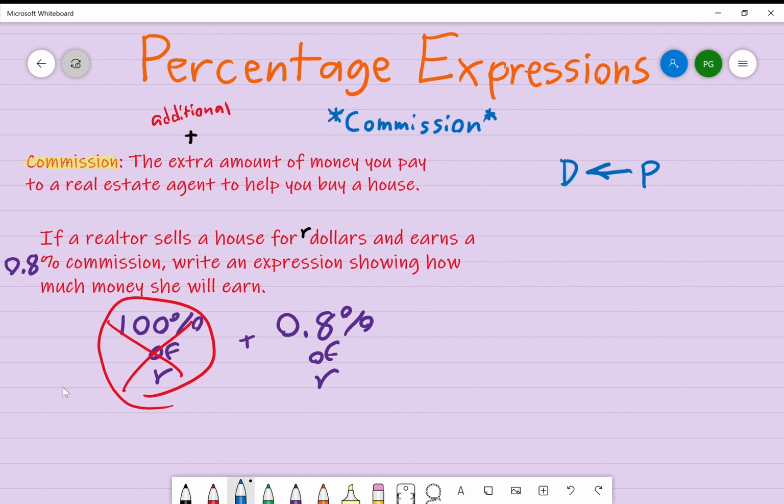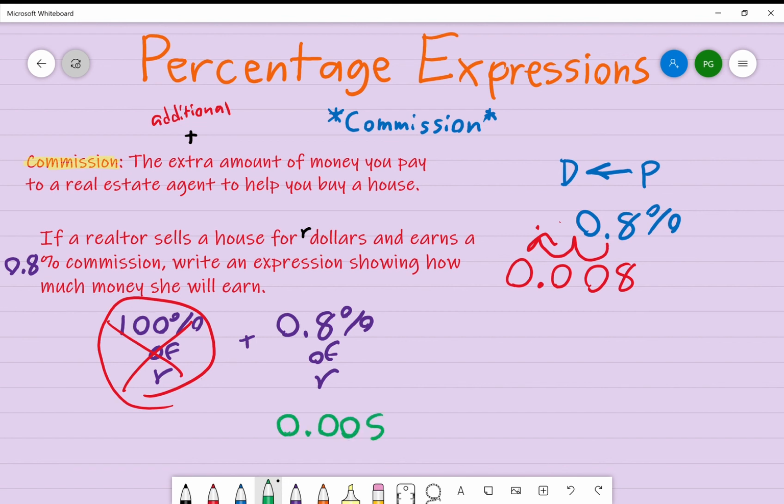I'm moving from the right to the left. 0.8%. I take the decimal point, I move it to the left, 1, 2 spots. I bring down that decimal point, the invisible space becomes a 0, bring down the 0, bring down the 8. My answer is 0.008. My final answer is 0.008 times R.